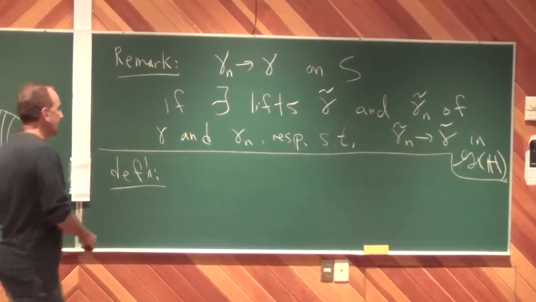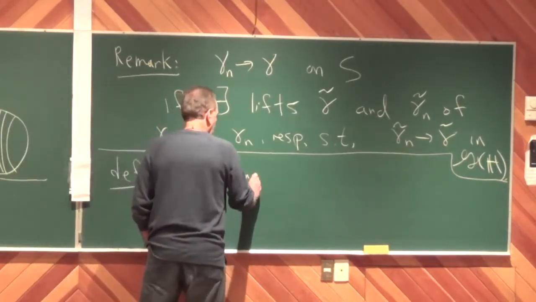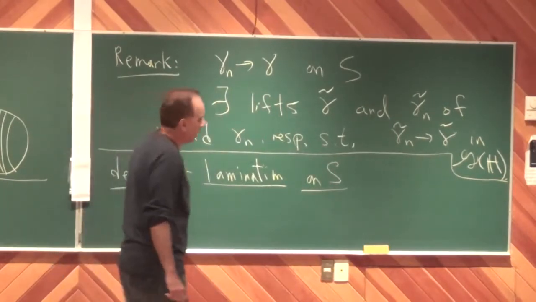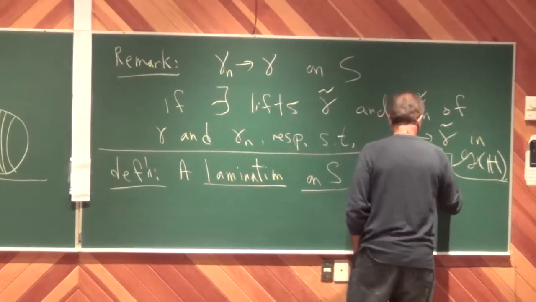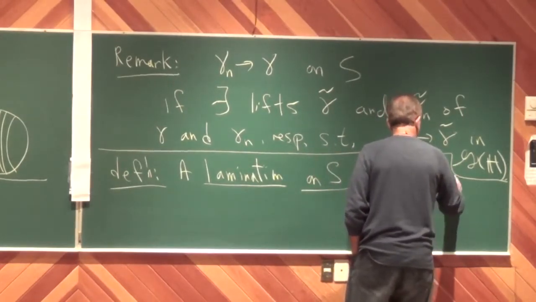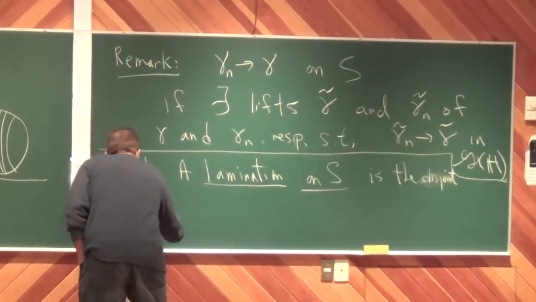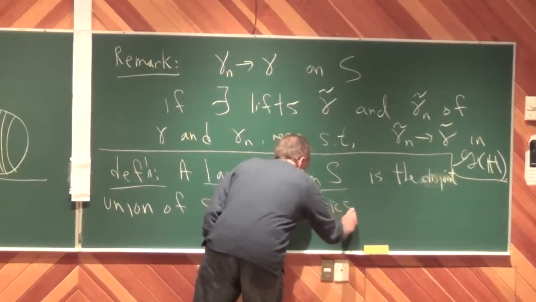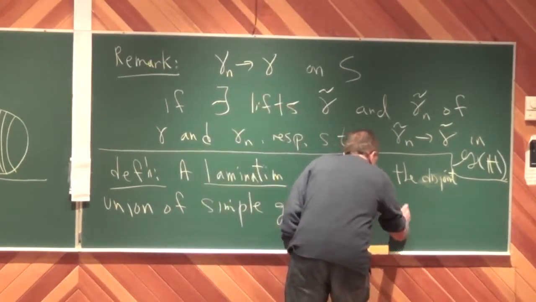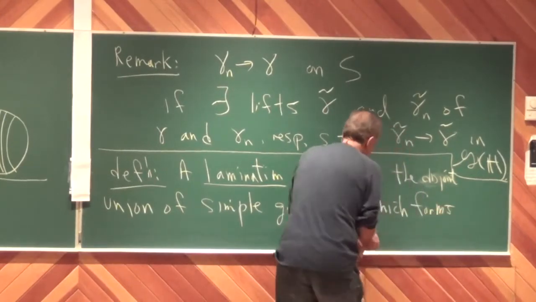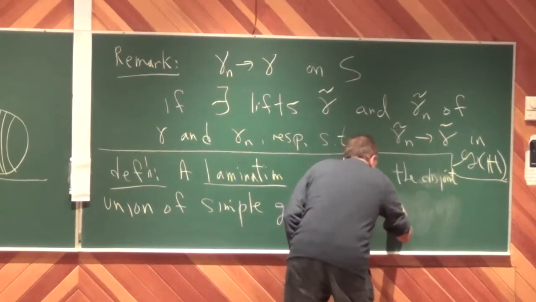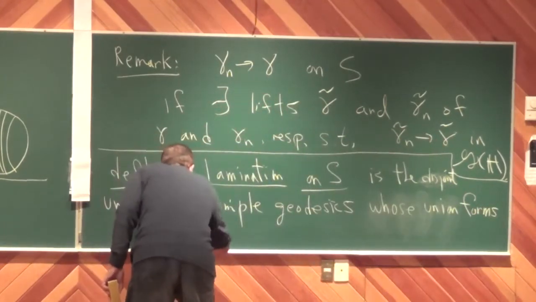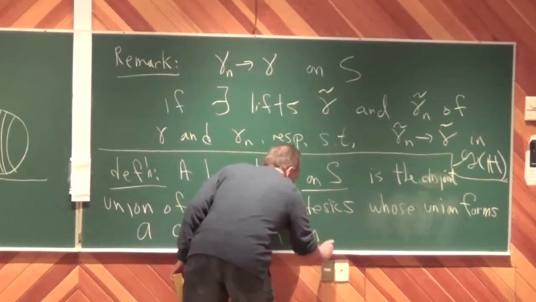So definition of geodesic lamination, and I'm just going to say lamination for the purposes of this talk: it is a disjoint union of simple geodesics which forms a closed set, or maybe I should say whose union forms a closed set, in S.